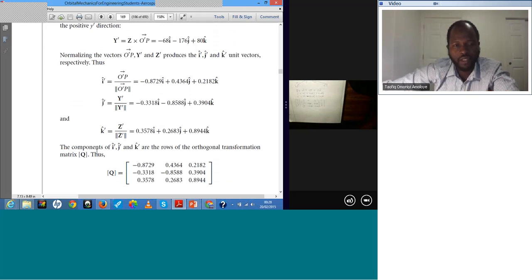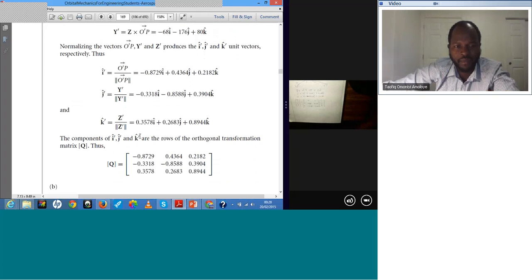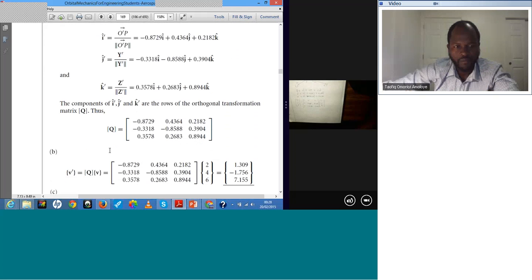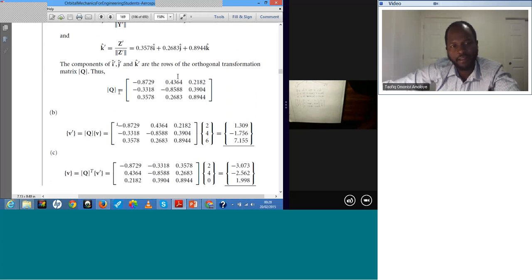So the components of I prime, J prime, and K prime are the rows of the orthogonal transformation matrix Q. Thus, Q is equal to this, minus 0.8729. We just have to bring all these components into the matrix. So that is Q, and that's the first part of the question.